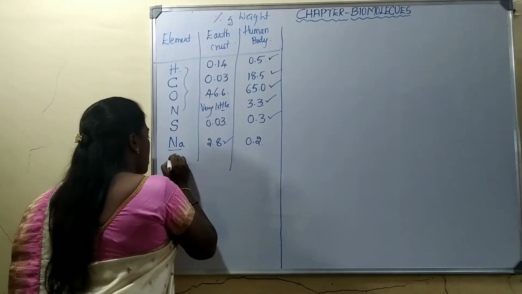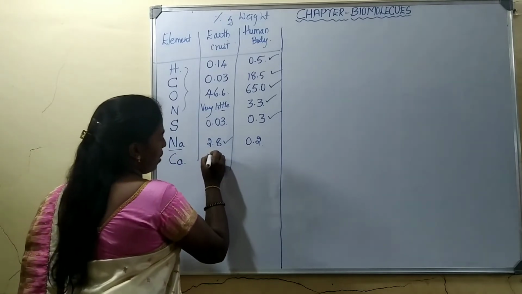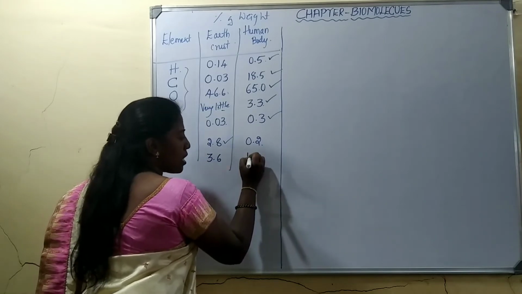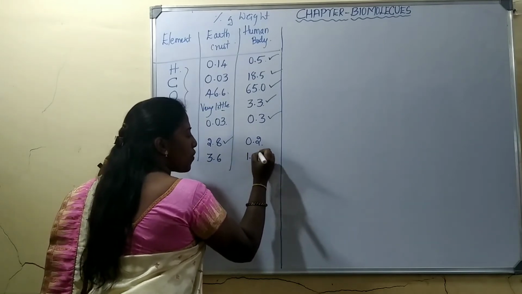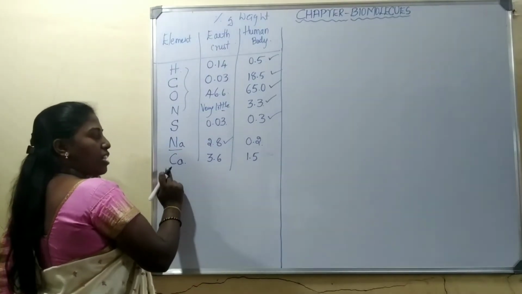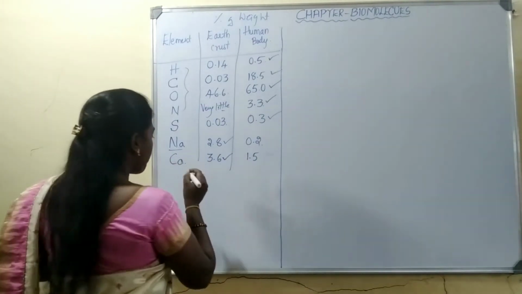The next is calcium. Calcium in non-living is 3.6%. In living it is 1.5%. So here the amount of calcium is found in higher concentration in non-living.